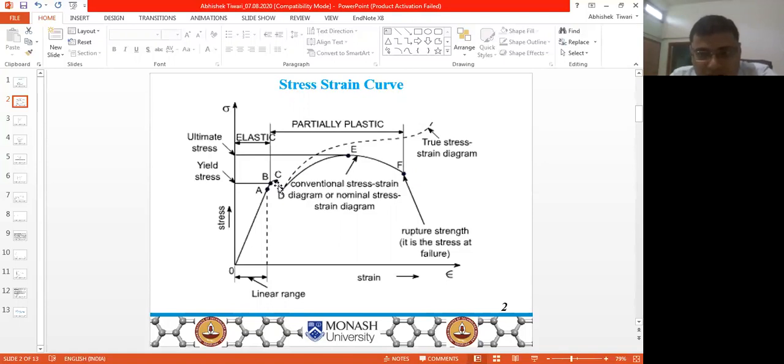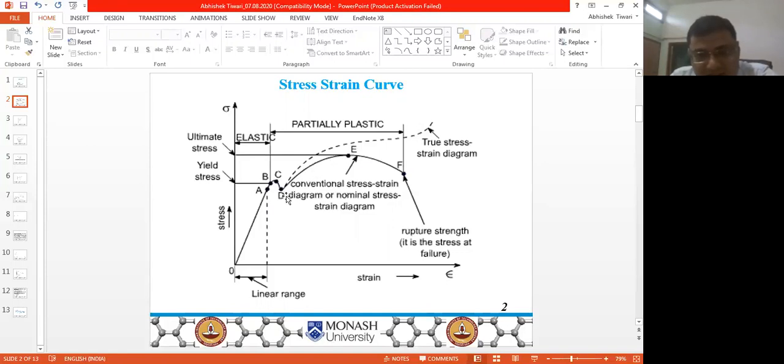Because once we pass point C, we overcome the stress required for further deformation to occur, and then we can deform the tensile specimen with a lower stress. After that, again, it deforms plastically, and from point D to E, it is undergoing strain hardening.